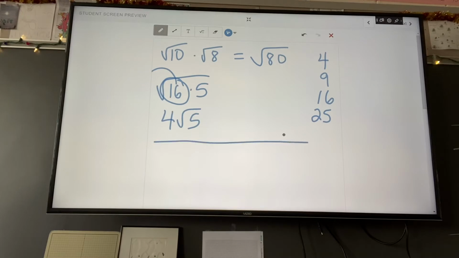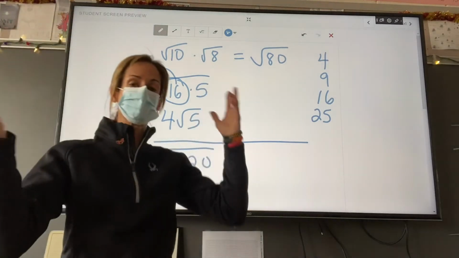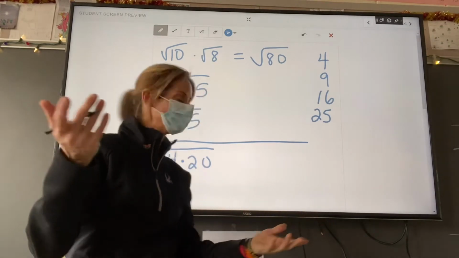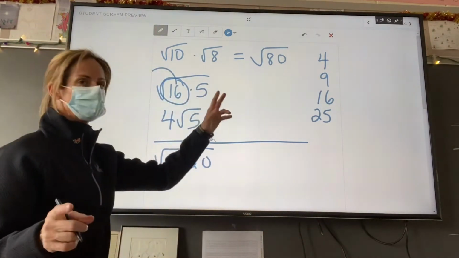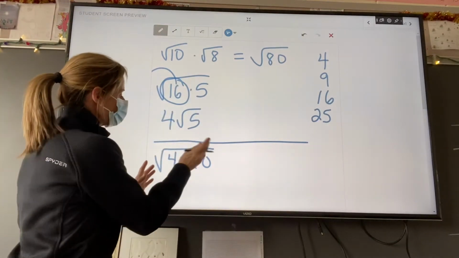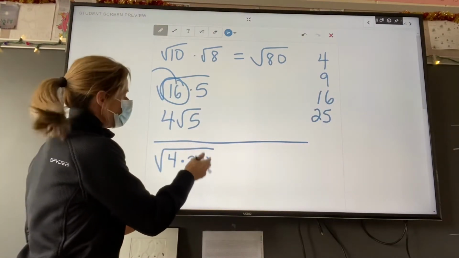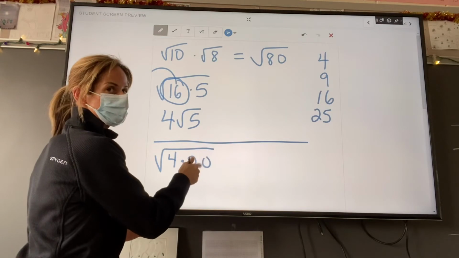Here is what happens if you don't recognize that 16 is the largest perfect square that goes into 80. You might say, oh, 4 is a perfect square and it goes into 80. Yes, it does. 4 times 20 is 80. But now we have to break up the 20 because 20 has a perfect square factor. 20 is 4 times 5.